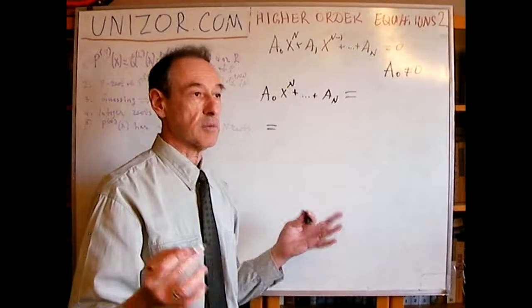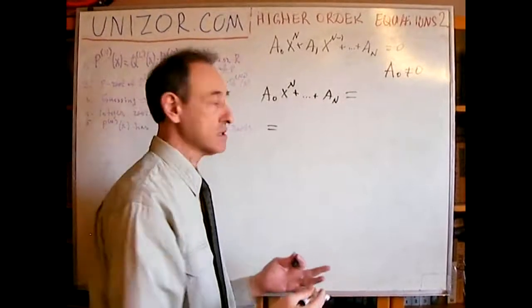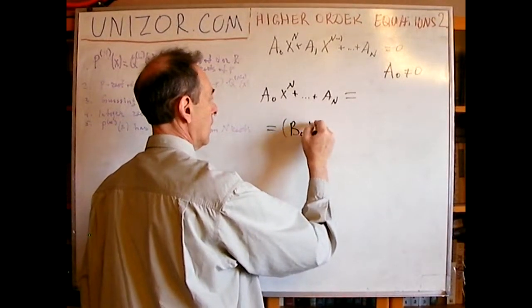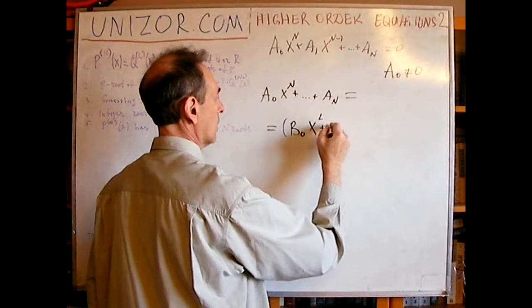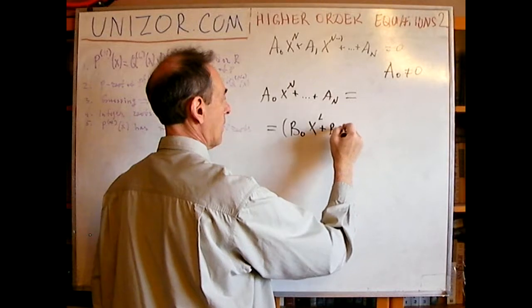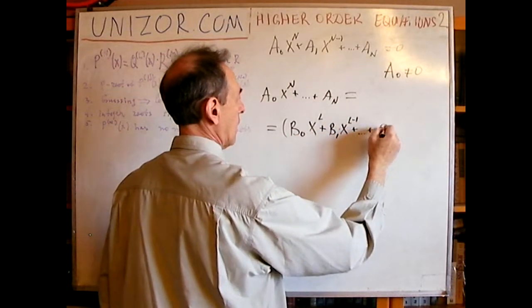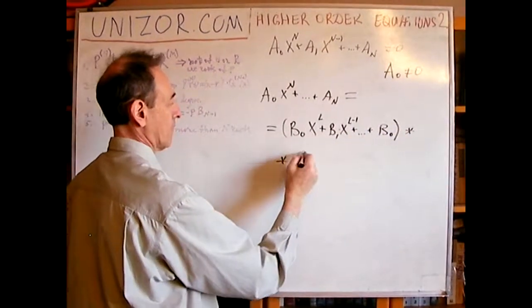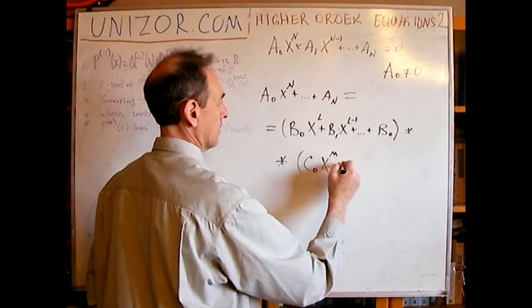I'm not talking about every polynomial in general, I'm talking about any particular case where this is possible, a polynomial of some degree, multiplied by another polynomial.